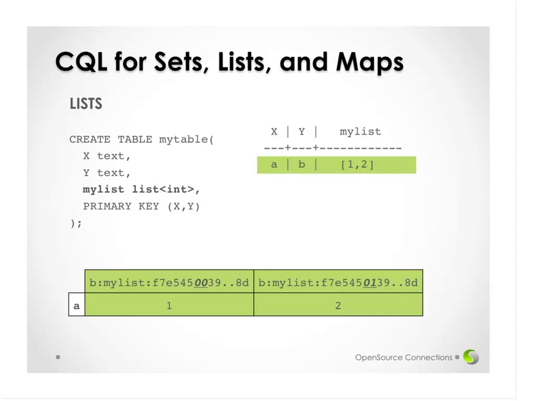And the actual value from the list goes inside the internal column value there. Now, that might be baffling at first, but what you can see is, with this UUID structure and with an understanding that column names are sorted, this is how lists encode their order, and this is how it lets you stick new elements at the end or at the beginning. So it's just a slightly different use case for it.